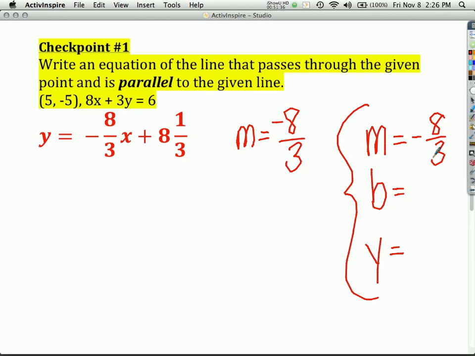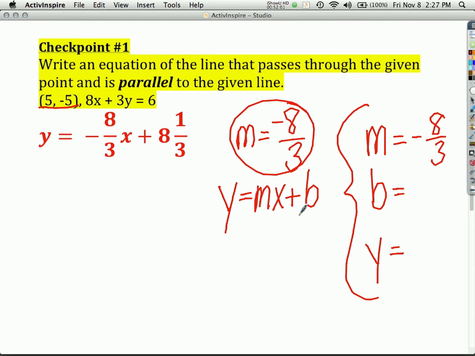Plugged into what? We plugged it into that equation up there? Very good. Y equals mx plus b. You plugged in this and solved for b.